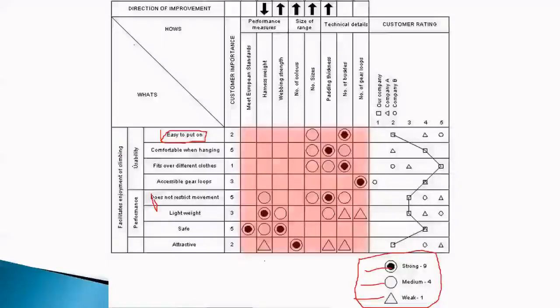It has a strong relationship. They're comfortable when handling. It has a relationship with the three attributes: number of sizes, number of bubbles, and padding tightness. Right? Those three. Likewise, you can recognize the relationships.